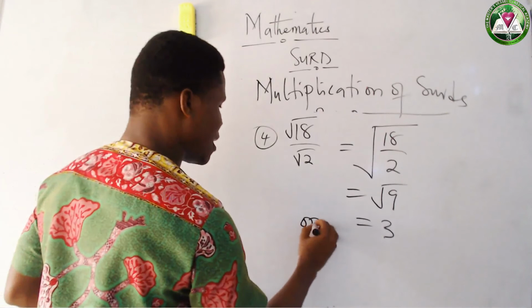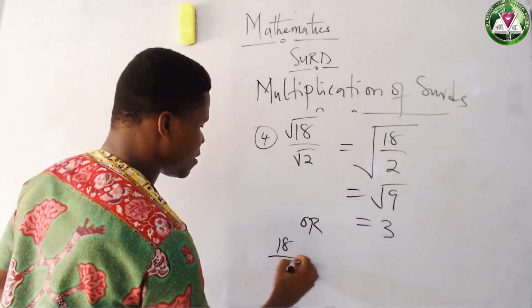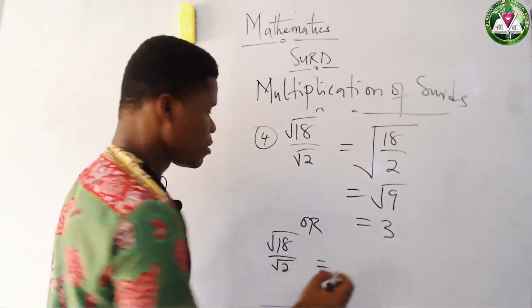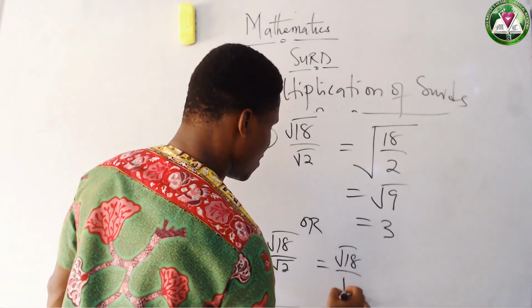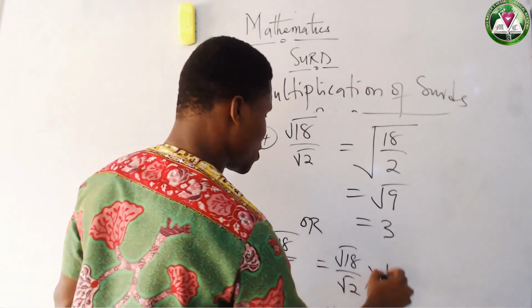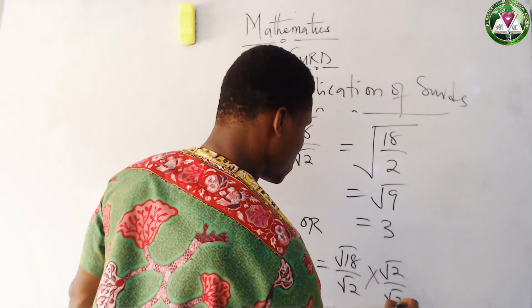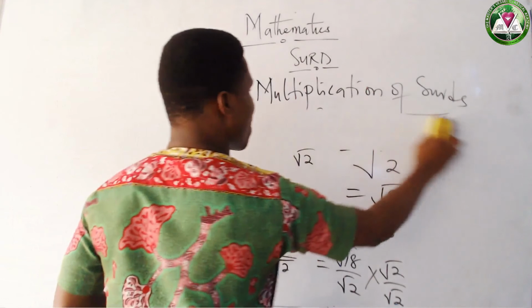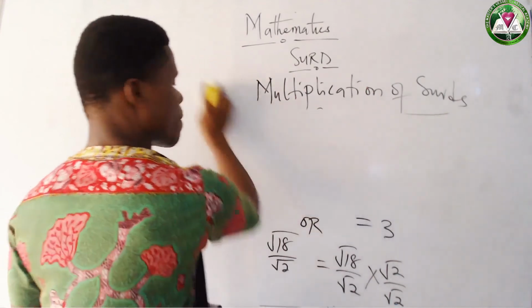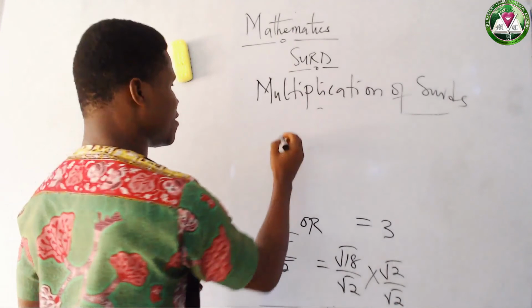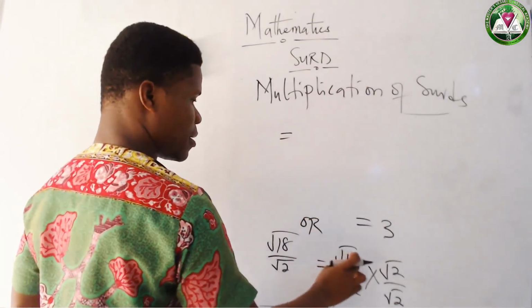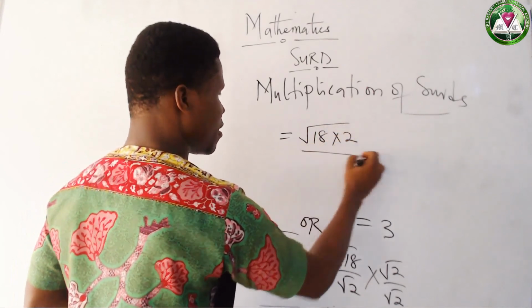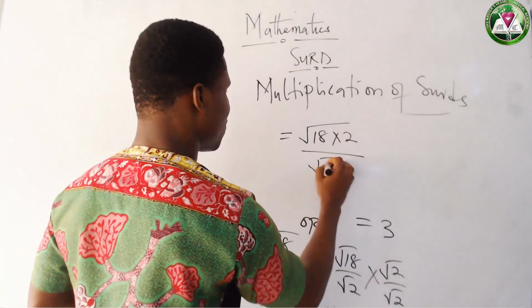Or you can say this is root 18 over root 2, multiplied by root 2 over root 2. You can multiply like this. Let's see what it will give us. This times this will give us root of 18 times 2, all over root of 2 times 2.